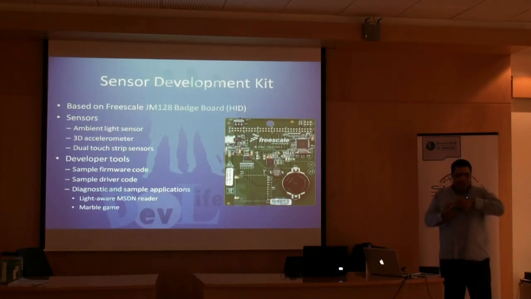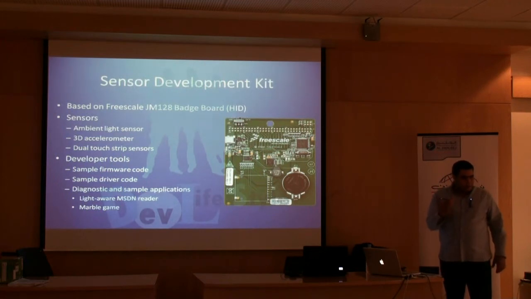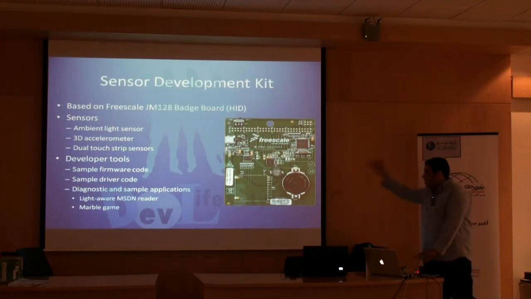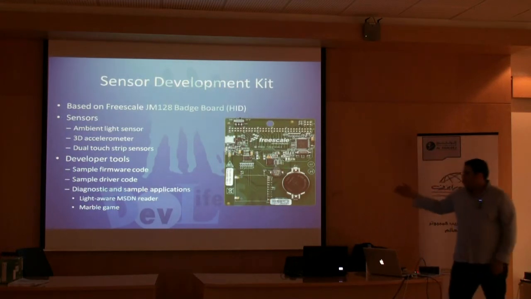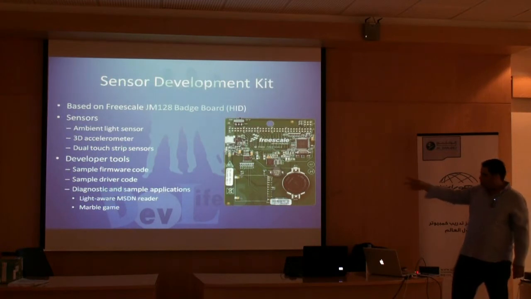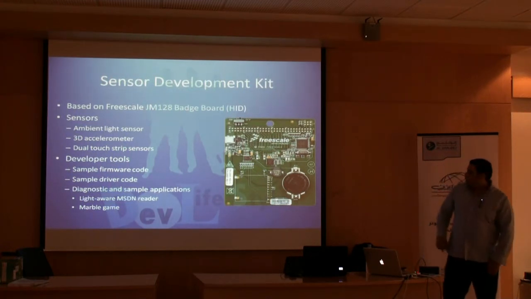And you have ambient light, which will sense how much light is around you. And the 3D accelerometer, so it senses the orientation and the movement of your hand. The package includes the sample firmware and 2 applications. We will see the last one, the marble game.